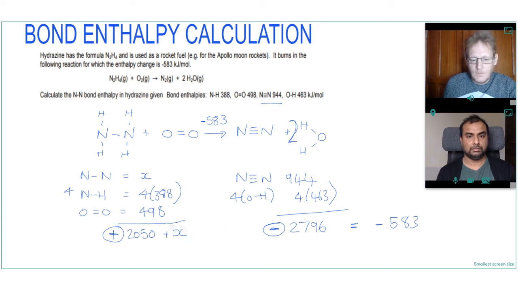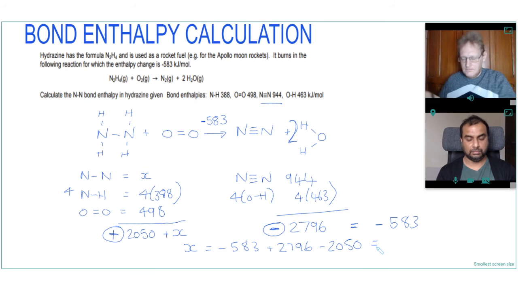And then it's just an algebra equation. So move what's on the left of the equation to the right, we'd end up with X equals minus 583 plus 2796 and minus 2050. So minus 583 plus 2796 and take 2050.